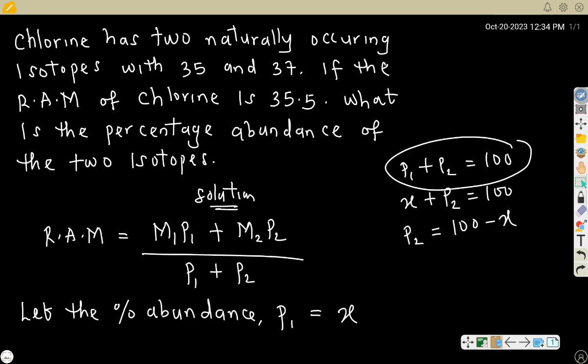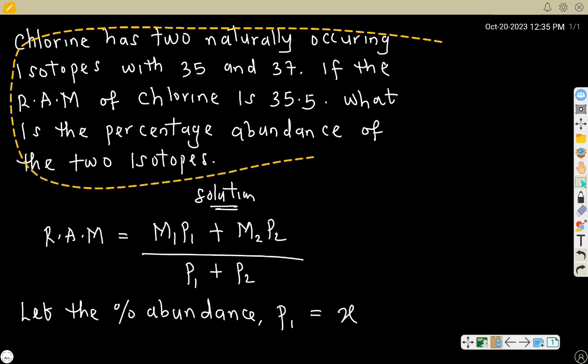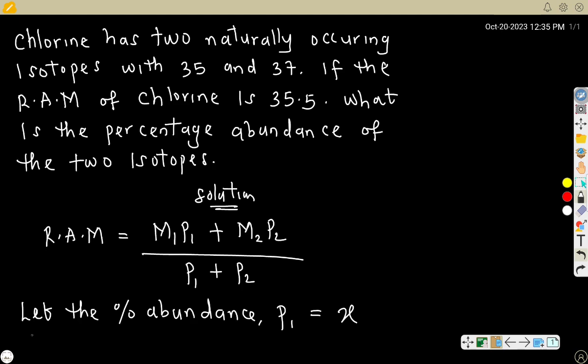So let the percentage abundance P1 be X. Also, let the percentage abundance P2 be 100 minus X, as I've shown, because P1 plus P2 must be 100.